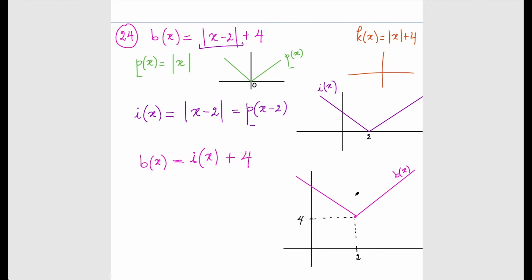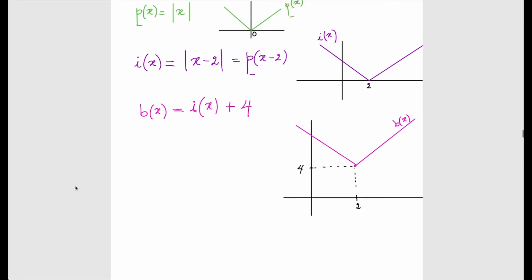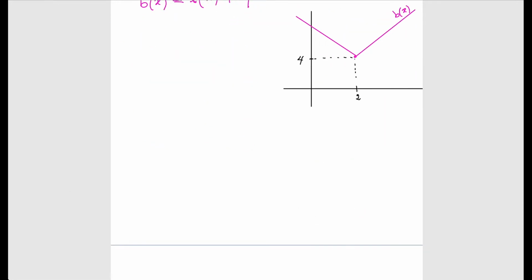Okay. All right, let's do another one. How about doing 26? So d of x is 1 over x plus 4 minus 1. Okay.